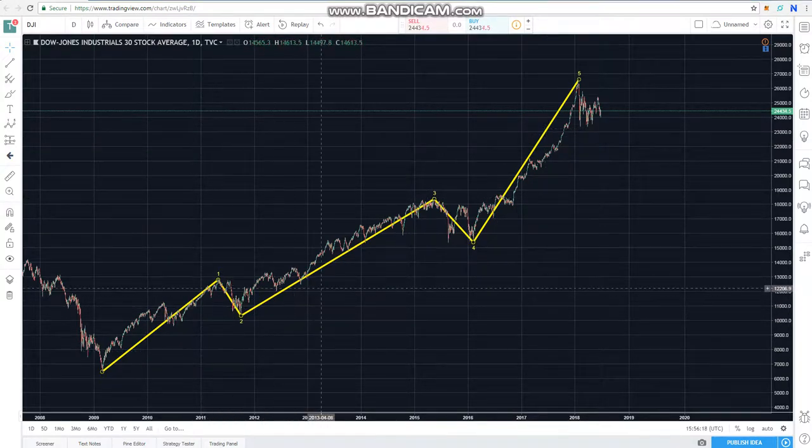So this is classified as a proper Elliott wave count.